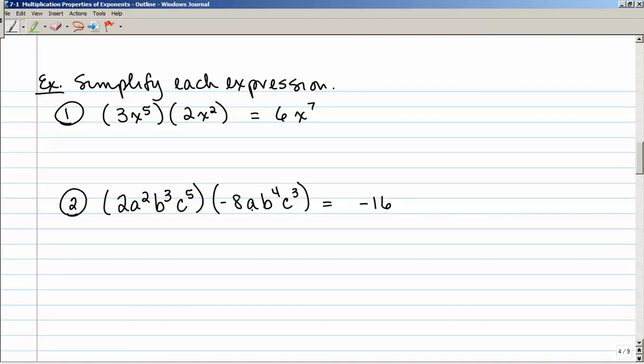So a to the 2 times a to the 1 is a to the 3. b cubed times b to the 4th, b to the 3 plus 4, or b to the 7th. And c to the 5th times c to the 3rd is c to the 5 plus 3, or c to the 8th. So remember, multiply your coefficients, and when the bases are the same, add the exponents.